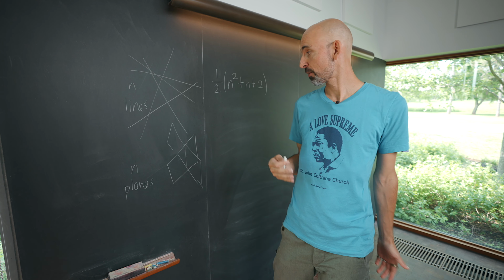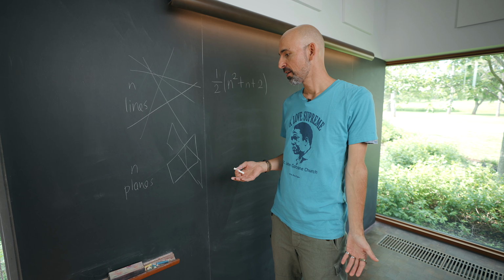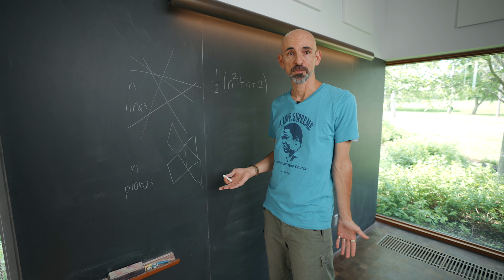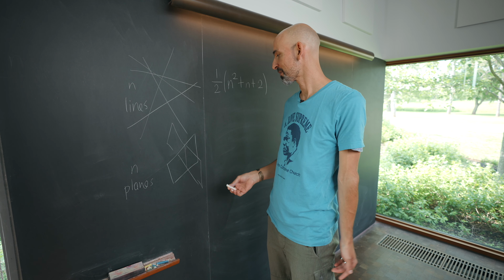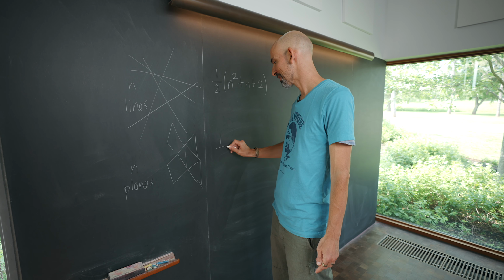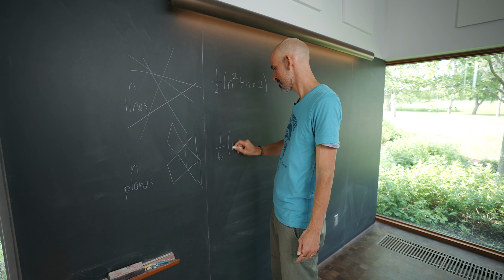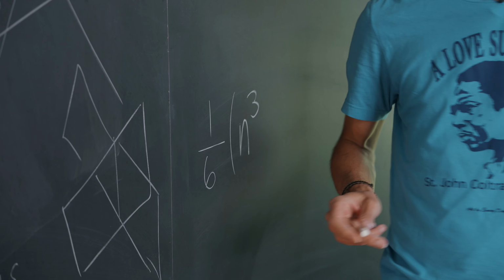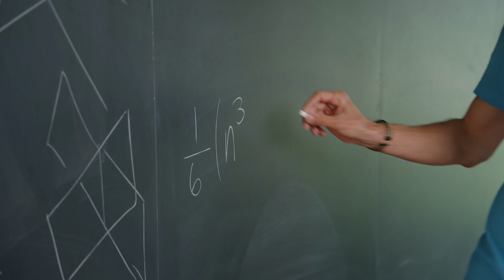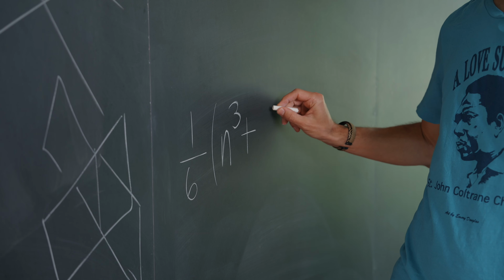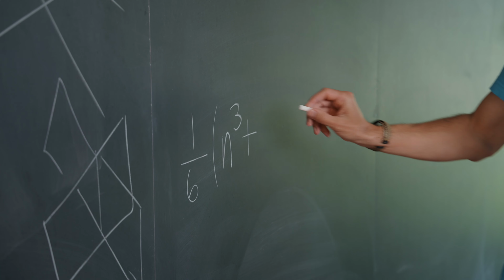And it turns out that if you have those conditions, then again the number of regions that you form does not depend on where you drew the planes. And it's equal to this formula: 1/6 times n cubed plus 5n plus 6.